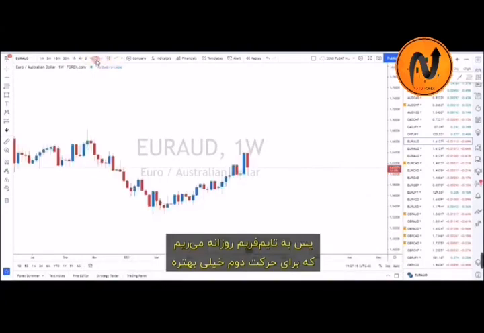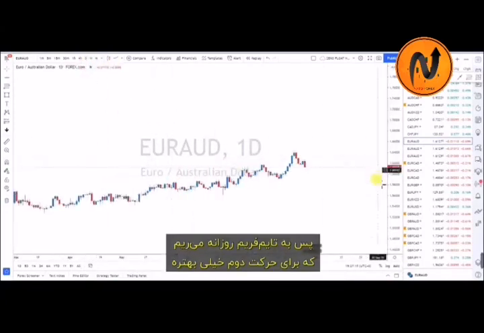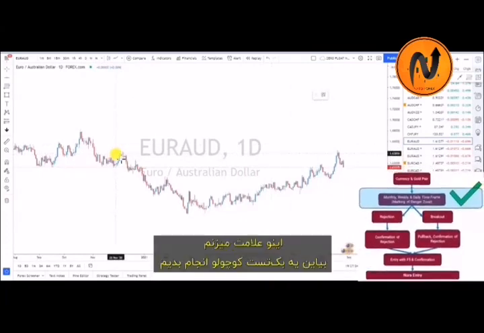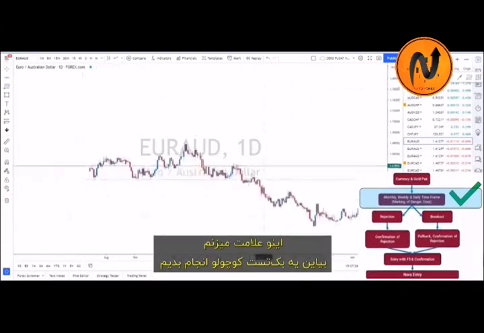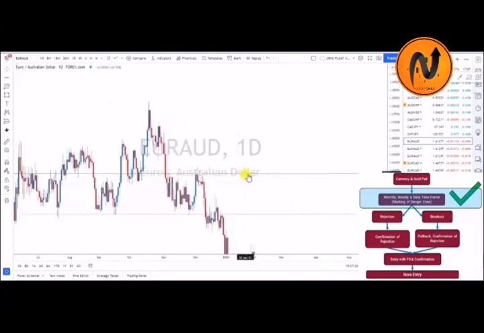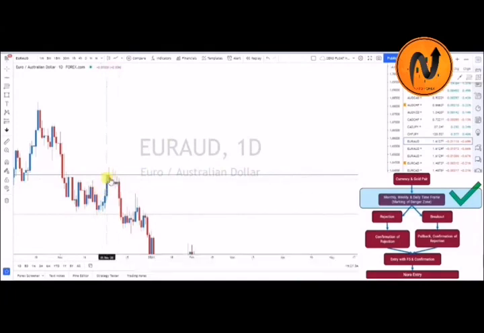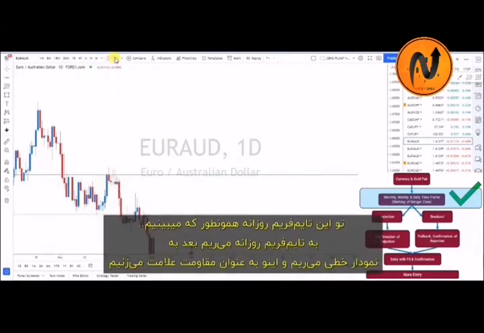So let's go to the daily time frame. It's much better on the second movement. In this case, I'm going to mark this. Let's do a little bit of backtest here. We mark our danger zone on the daily time frame. As we can see, we go to the daily time frame, then we go to the line chart. We mark this as our resistance.